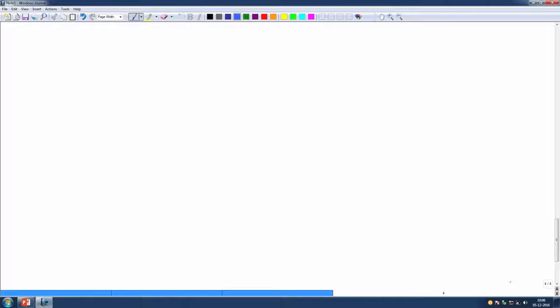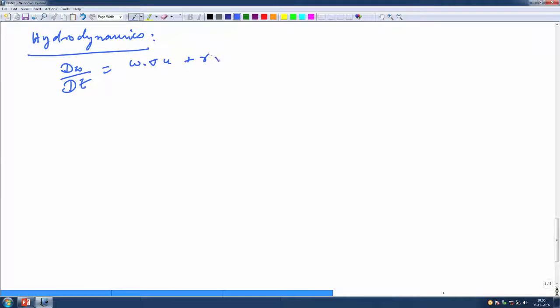Now, in order to solve this liquid phase, usually the hydrodynamics is solved by writing the vorticity transport equation, that is the convective derivative, that is the diffusional term. This normally will be equal to 0 for 2D planar flow.